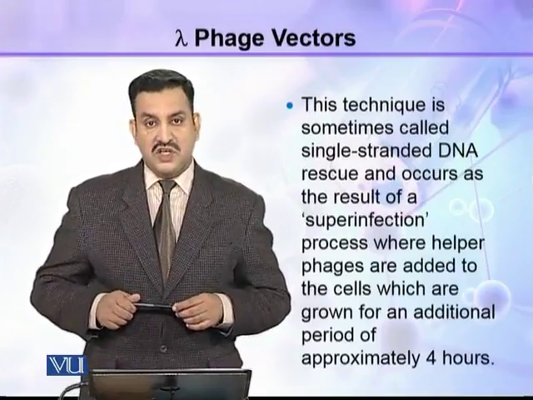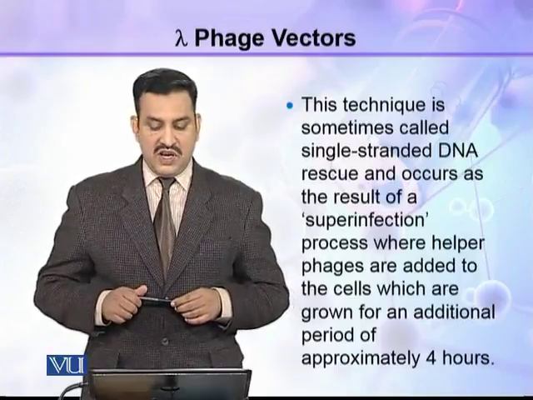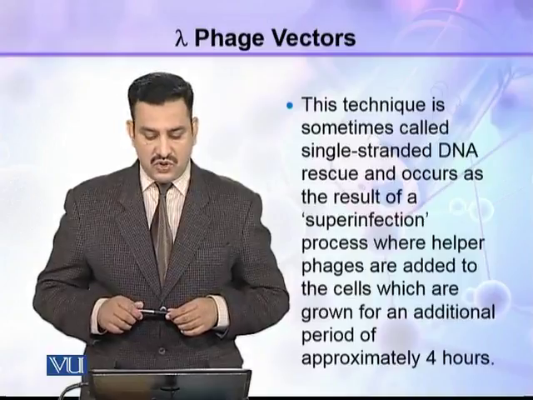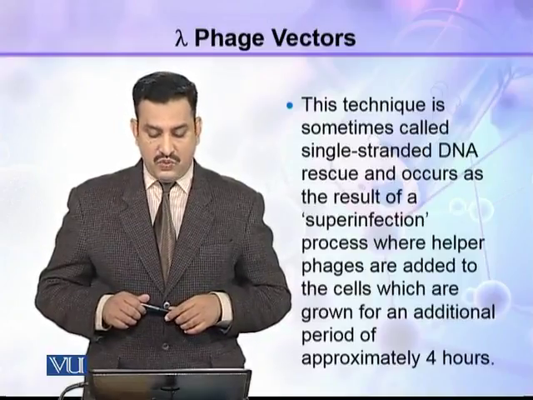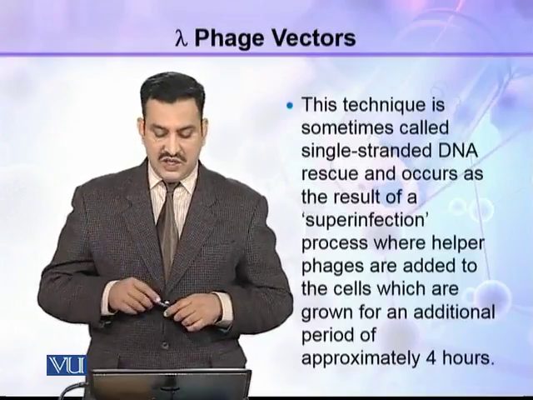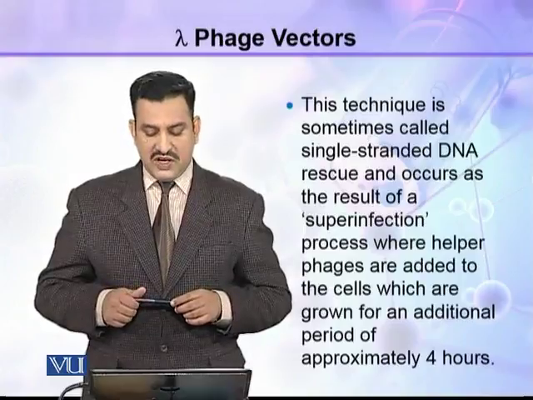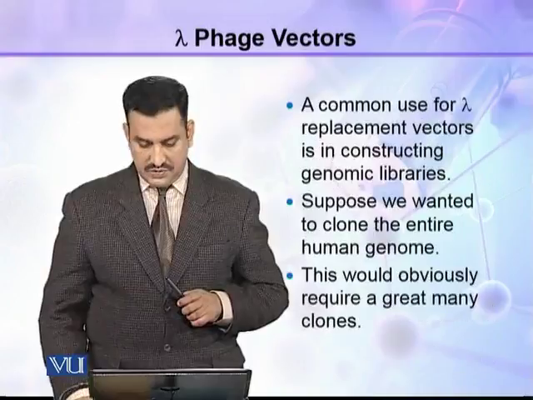This technique is sometimes called single-stranded DNA rescue and occurs as a result of a superinfection process where helper phages are added to the cells, which are grown for an additional period of approximately 4 hours.